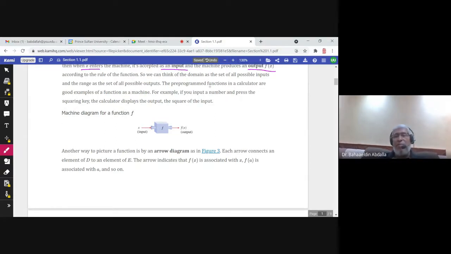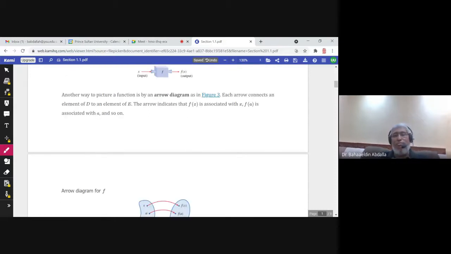The programmed functions in a calculator are good examples of a function as a machine. If you input a number and press the squaring key, for example, you put 2, you press the square key, you get 4. So the input is 2 and the output is 4, and the squaring key is a function in the calculator.